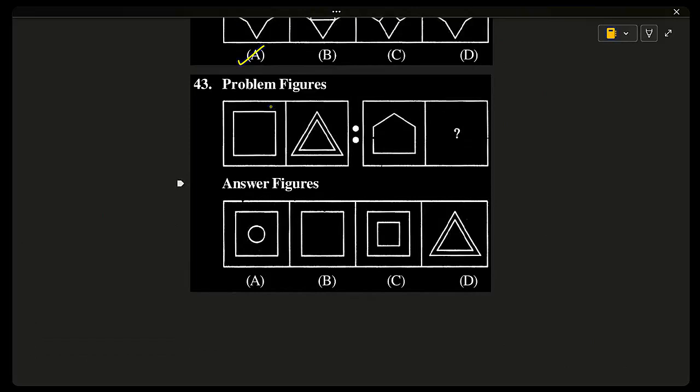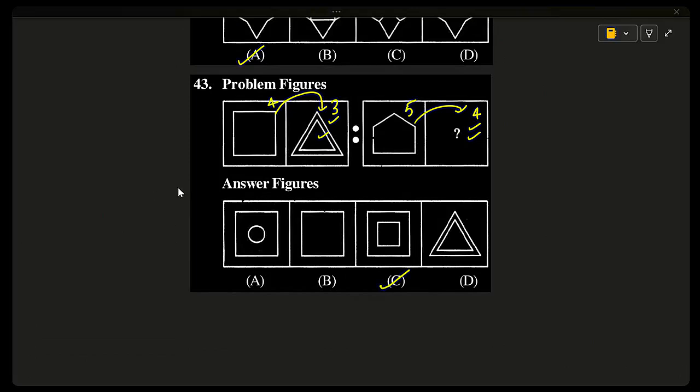This is a four-sided polygon. We are subtracting one side, it became a three-sided polygon, and it is repeated two times. That means subtract the number of sides by one and then repeat it two times. Here five sides are there. Subtract one side, you are going to get a four-sided polygon, and you have to repeat it two times. So it is seen in option C.